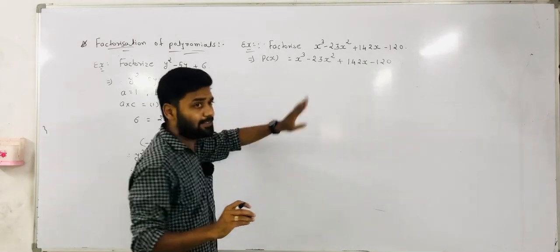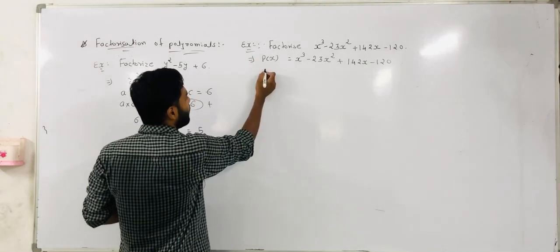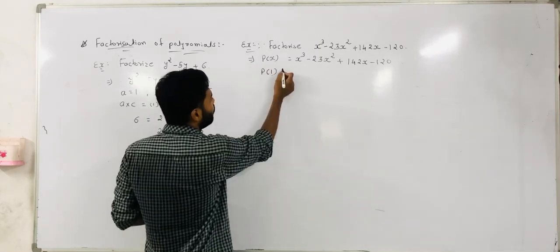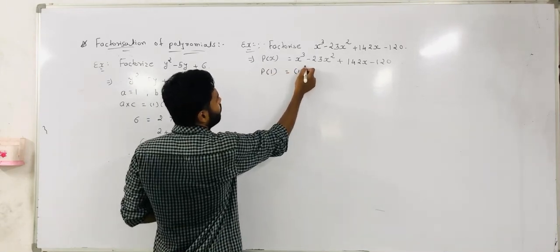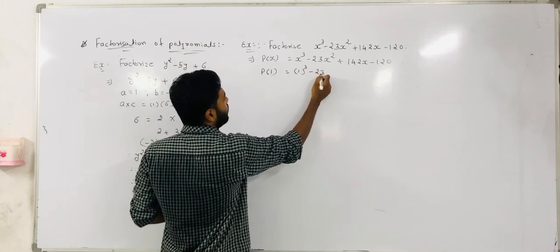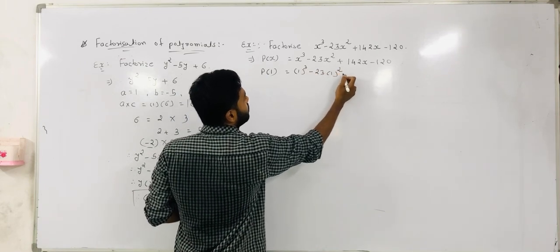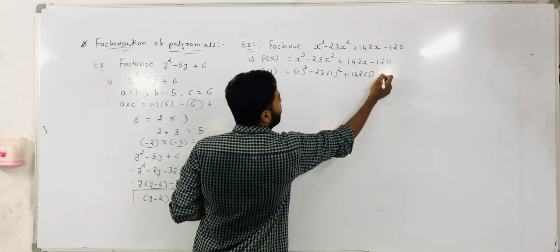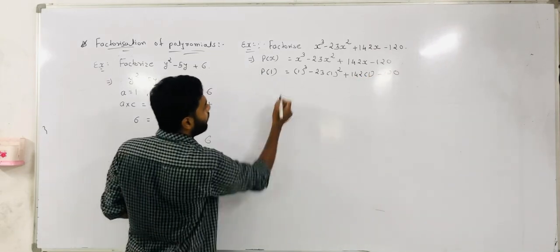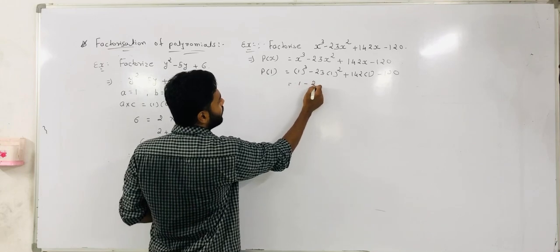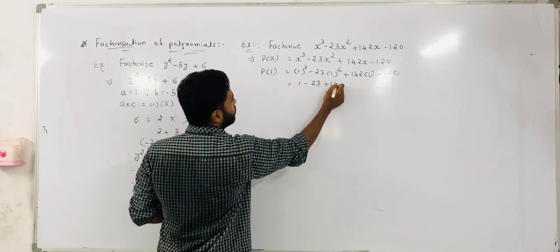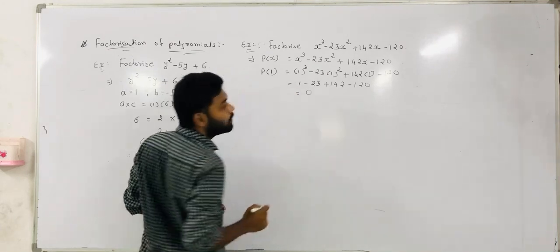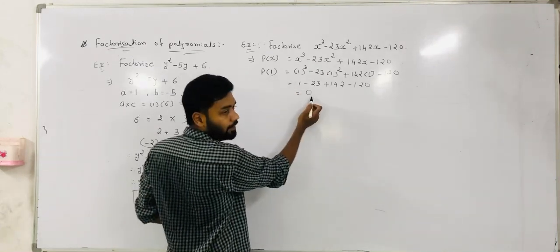In p of x, simply replace x by 1. First of all, find p of 1. So 1 cube minus 23 into 1 square plus 142 into 1 minus 120. What will you get? 1 minus 23 plus 142 minus 120, that is equal to 0. So p of 1 is 0.